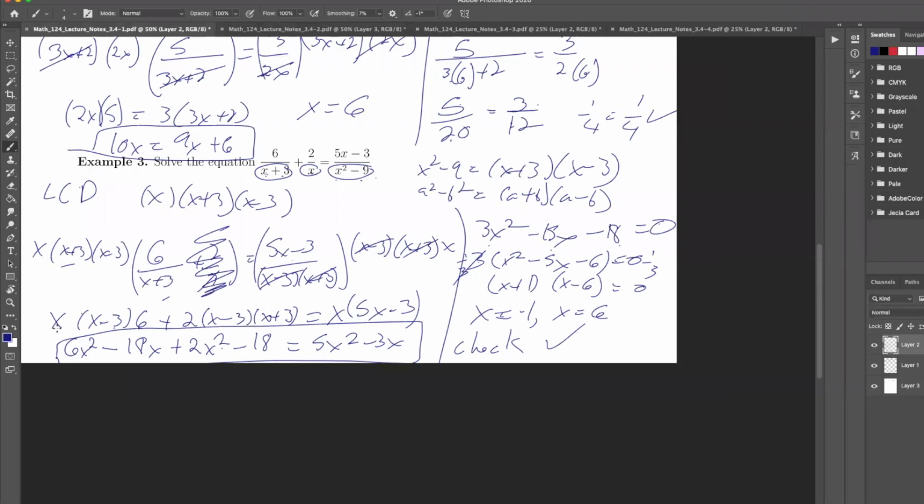And so I'm left with x minus 3, 6. Then, since this is a plus, this term here sees all of this. And so it sees the x plus 3, the x minus 3. So it'll be 2, this, and this. So if you have terms which are separated by a plus sign, both fractions get multiplied by everything. Okay, hopefully that explains why. Good question, really good question.